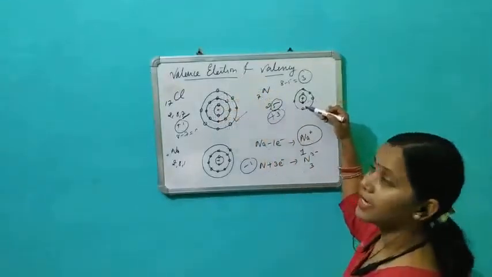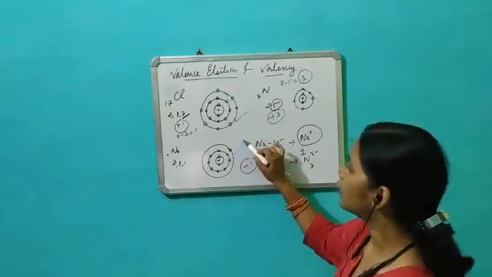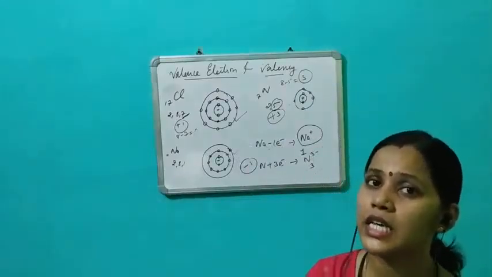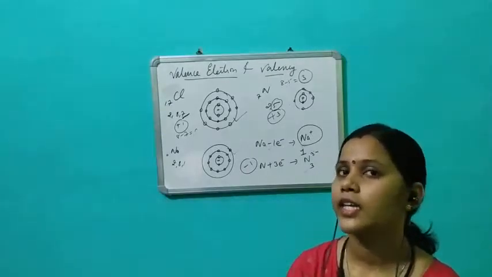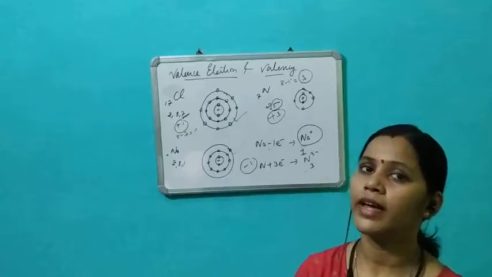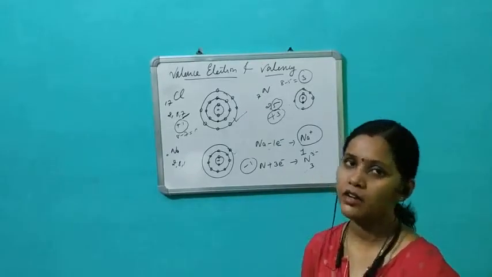Nitrogen has 5: 1, 2, 3, 4, 5. Sodium has only 1. So the number of electrons present in the outermost shell is known as the valence electron, whereas valency is the combining capacity of an element. Okay, so this is valence electron and valency.